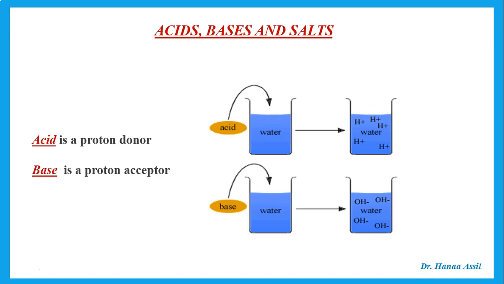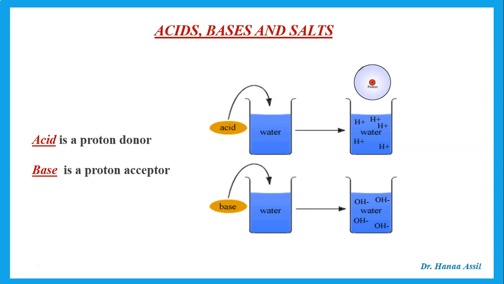Okay, what is an acid and what's a base? Remember that acid is defined as proton donor, and the word proton means H+, because hydrogen has only 1 electron and 1 proton in the nucleus. So if it is H+, that means it lost its electron, so it's just an atom with only a proton in the nucleus, so we call it a proton.